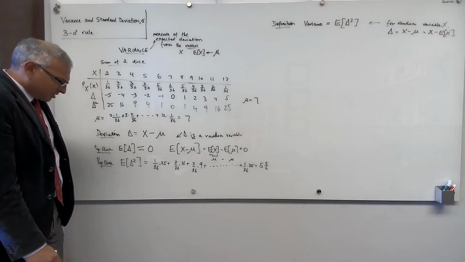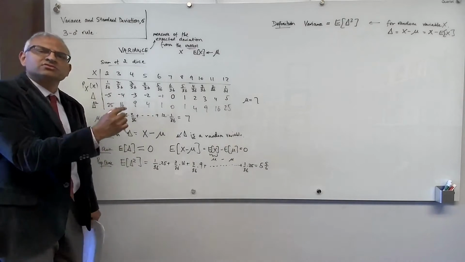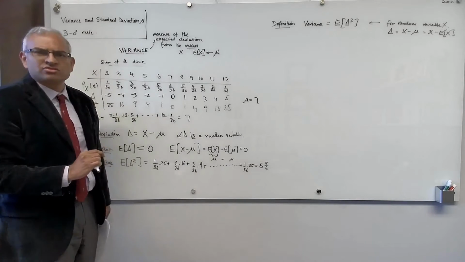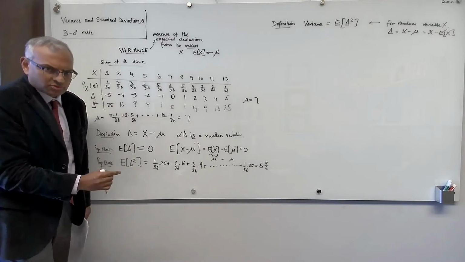You will observe that the variance, in some sense, has the dimension of the deviation squared. So if we want to measure the deviations, then we should take the square root. The square root of the variance is also an important quantity.